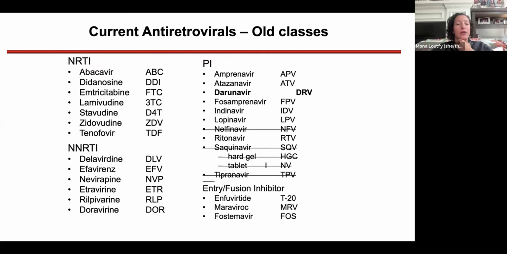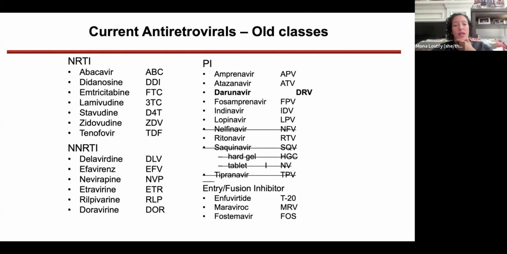Each of these classes in particular have a class-specific side effect. So what gets complicated in healthcare in HIV is that you have to know all these drugs, you have to know all the names, you have to know which ones are in combined pills, and then you have to know the side effects.